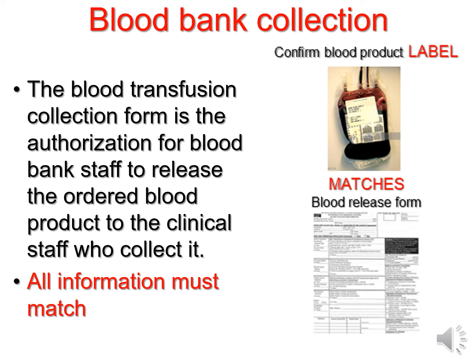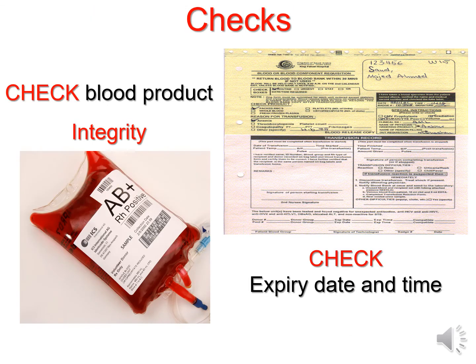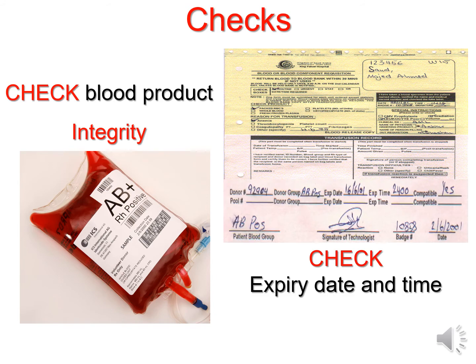All information must match. Checks include checking the blood product integrity as well. You check the expiry date and time, the donor blood group, the patient's blood group who's the recipient, and whether it's compatible or not.